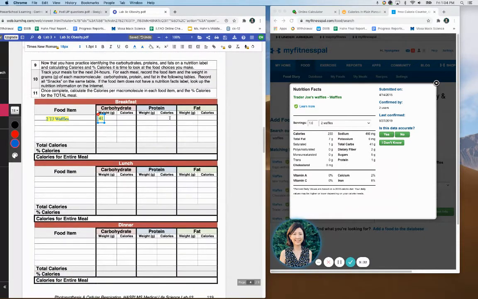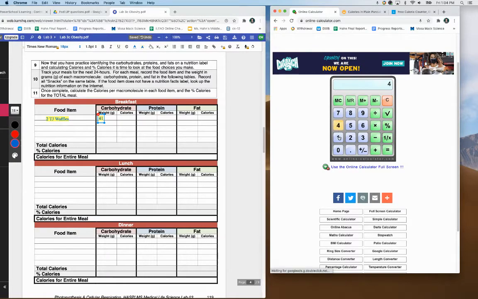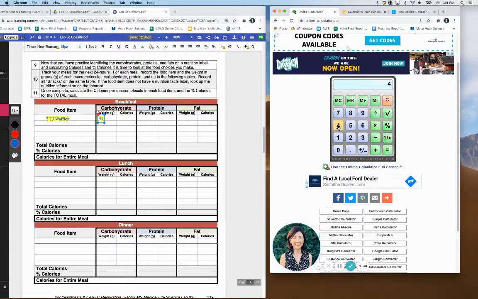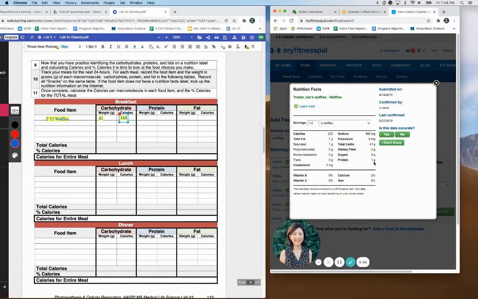Okay, so let's go to my calculator. 41 times 4. So my total calories from carbs is going to be 164. Then I'm going to go over to proteins.